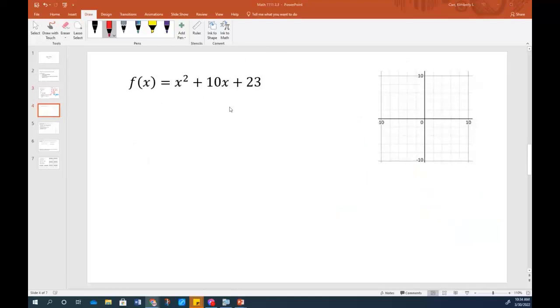Looking right here on this one, we're going to still go through those things. Axis of symmetry, we often write AOS, and it is x equals, it's got to be an equation, x equals the opposite of b over 2a. So that's -10/2, which is -5.